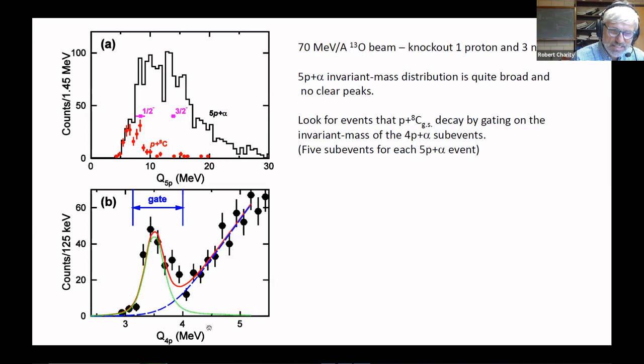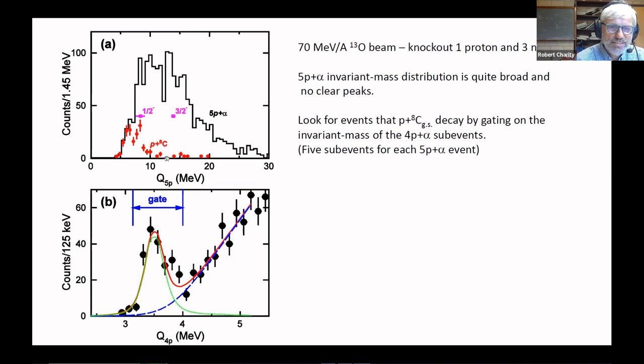So now this is the decay energy spectrum of carbon-8. And very clearly, we have a peak here, which is at the right decay energy for the ground state of carbon-8. And the peak has very little background, so you can gate on this peak. So you just demand that one of the 5 sub-events lie in here, and then that pretty much tags you as having a decay passing through the carbon-8.